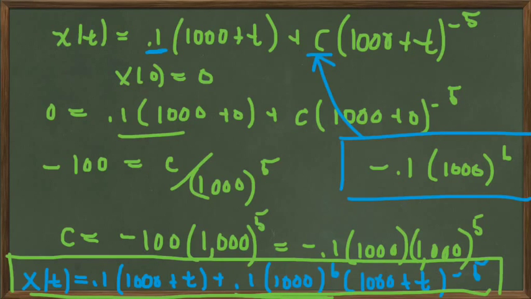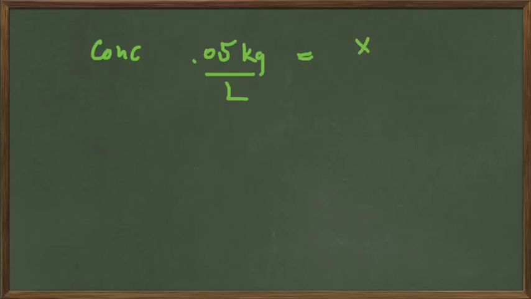So here's our solution for x of t with the constant c plugged in. Now, can we do the same thing that we wanted to do on the last problem? When does the concentration of pure substance in the tank equal 0.05 kilograms per liter? Remember, the concentration in the tank, last time it was x of t over 1000.